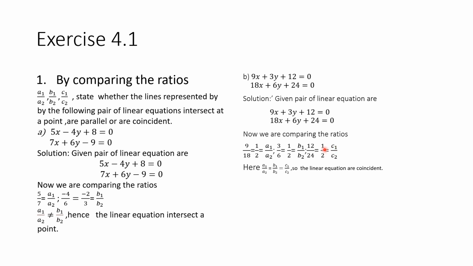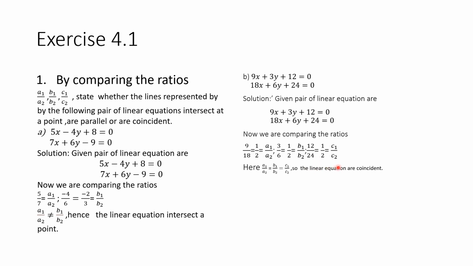Let us see whether c1 by c2 is equal to a1 by a2 and b1 by b2 or not. Here c1 is 12 and c2 is 24. Writing the fraction 12 by 24 and cancelling, I will get 1 by 2, because in the table of 12, 12 goes one time and 24 goes two times.